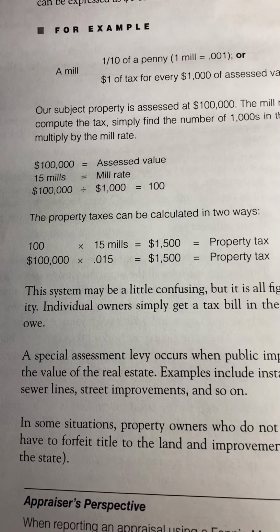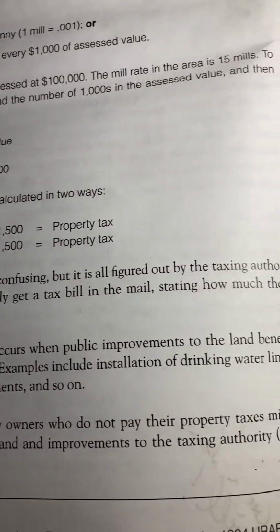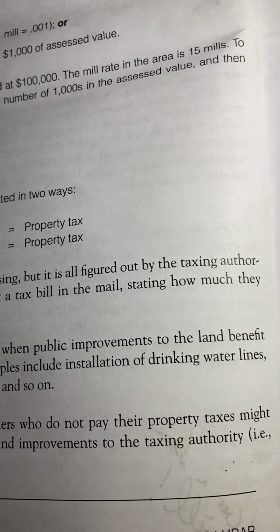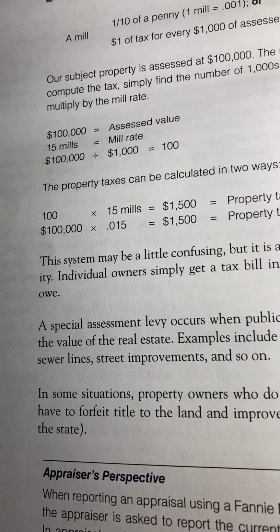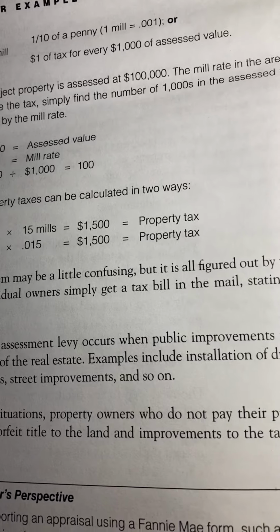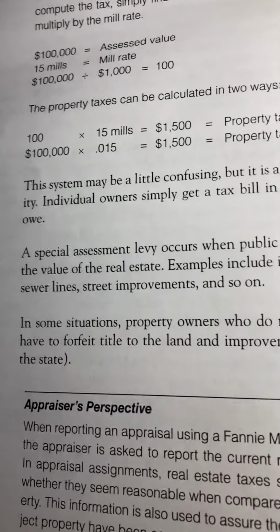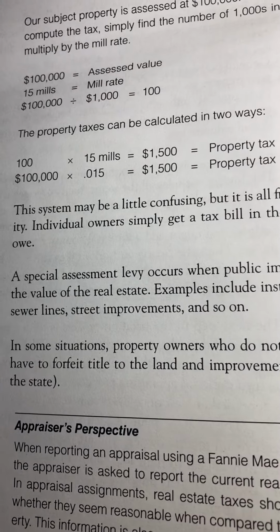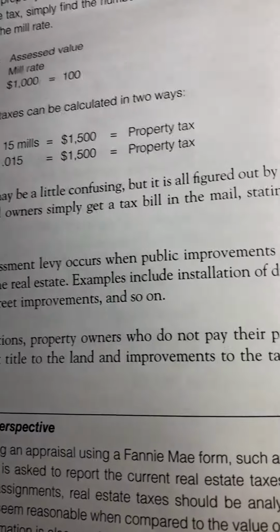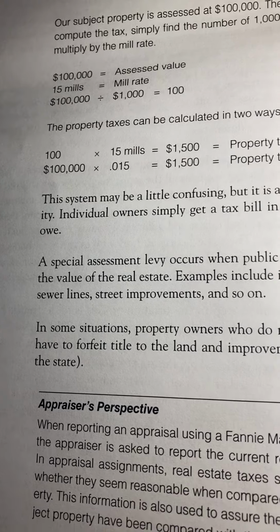This system may be a little confusing, but it is all figured out by the taxing authority. Individual owners simply get a tax bill in the mail stating how much they owe. A special assessment levy occurs when public improvements to the land benefit the value of the real estate.